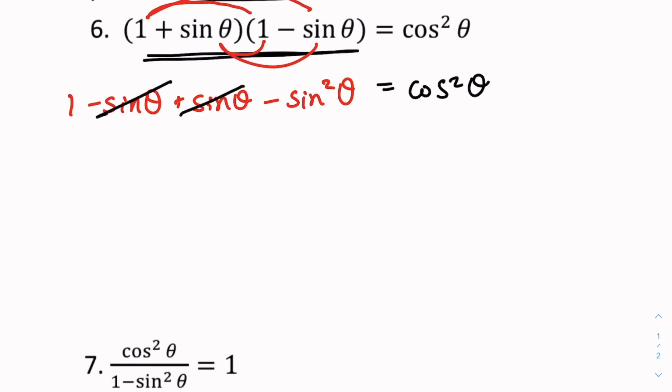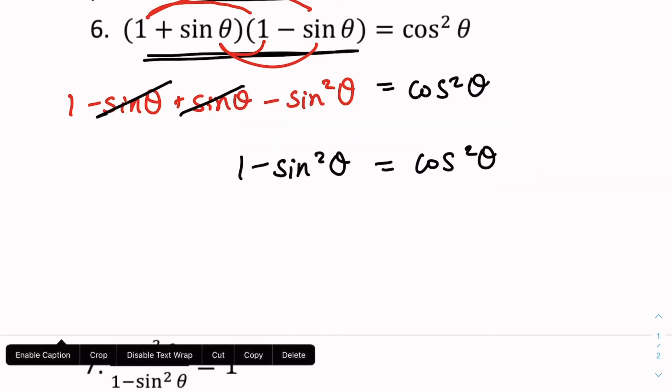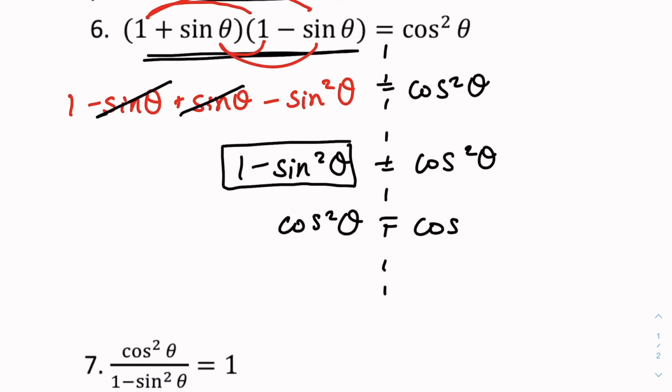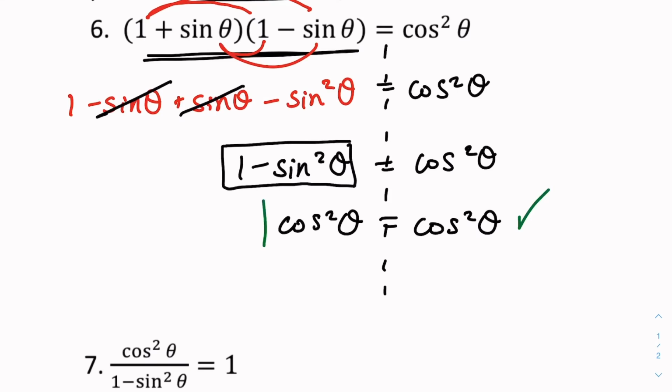Next, these sines cancel, leaving me with 1 minus sine squared theta equals cosine squared theta on the right, which still hasn't changed. Here's my dotted line, by the way. And then using rule number 4, 1 minus sine squared can be replaced with cosine squared theta. Ta-da! We verified.